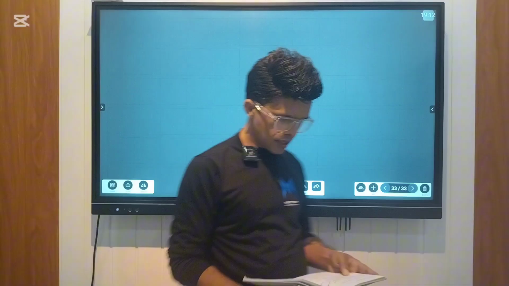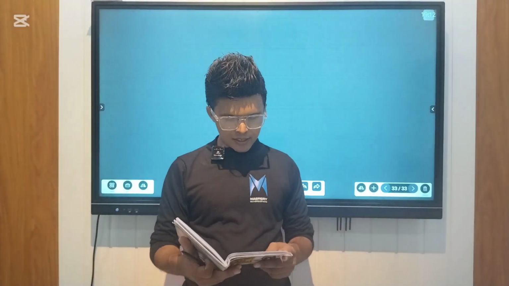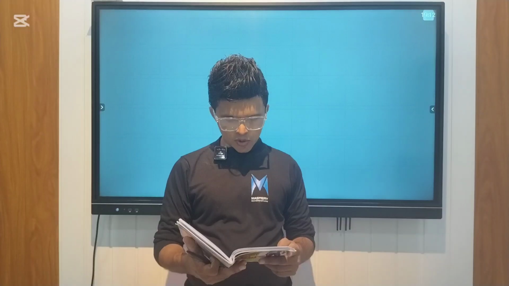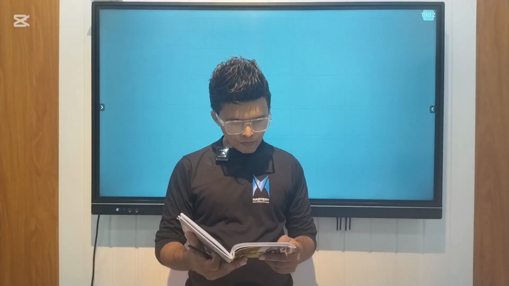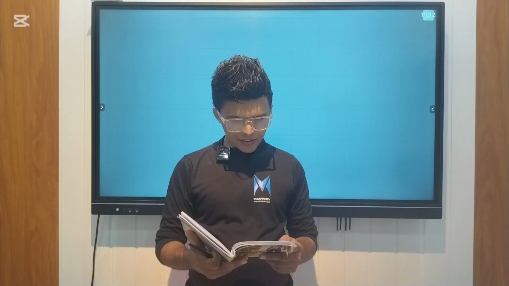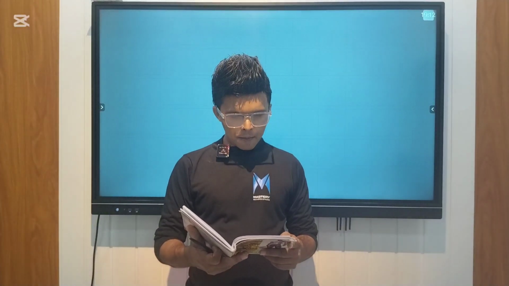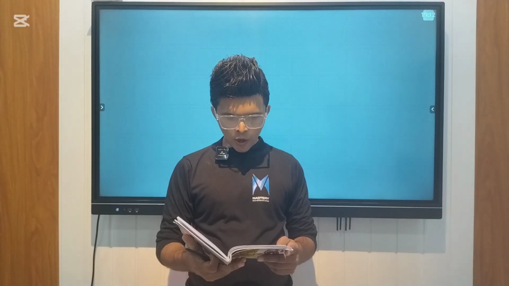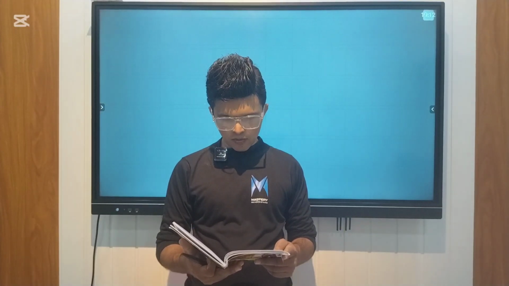Next question. In the figure it says that AB is a vertical post, and you can see the diagram in the paper. B, C and D are 3 points found on the horizontal ground.